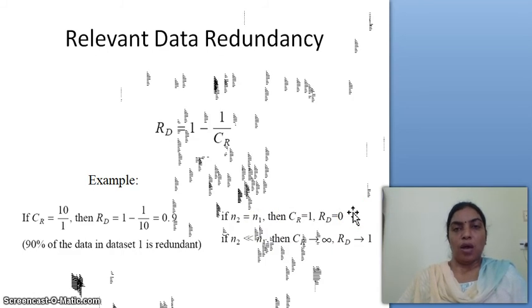If N2 is much less than N1, the compression ratio is infinity, then RD is 1. That means 100% of the data in the input image is redundant. Right? In this way we can estimate and observe the compression technique efficiency. Okay, thank you.